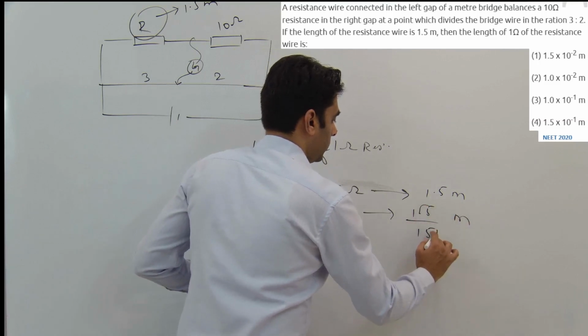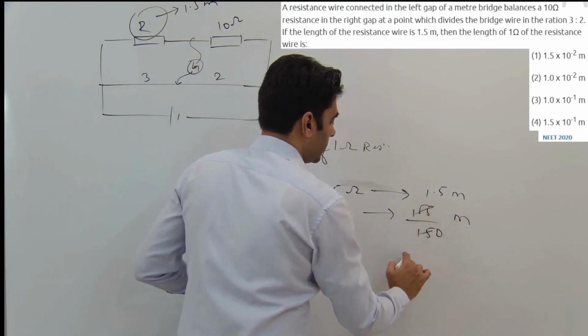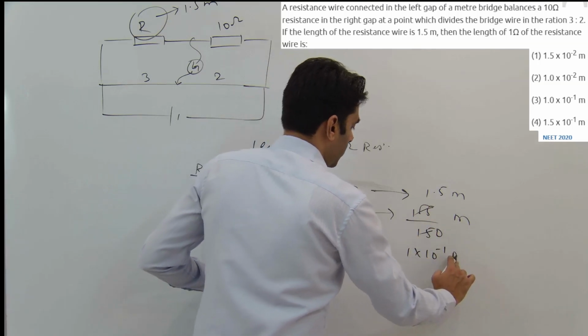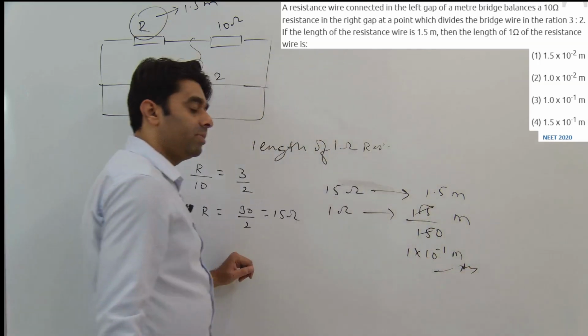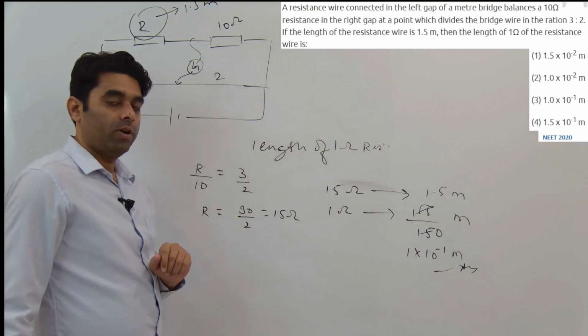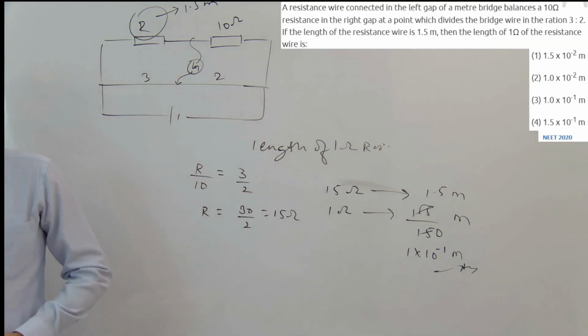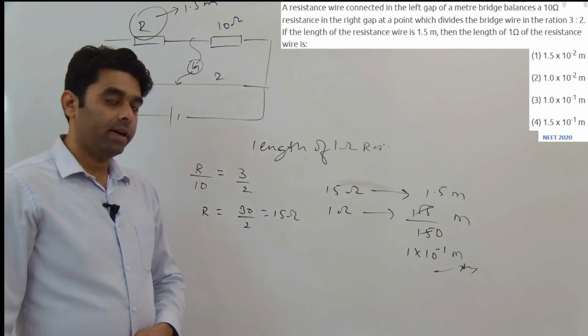This comes out to 1 into 10 power minus 1 meter. That means the length of 1 ohm resistance is 1 into 10 power minus 1 meter. Which option is it? Option number 3 will be our correct answer.